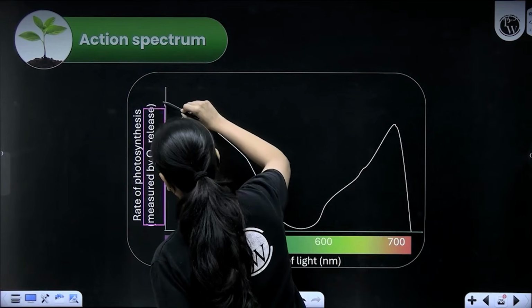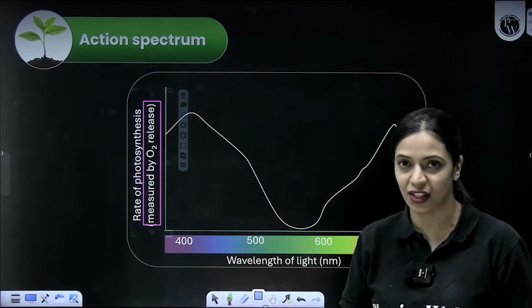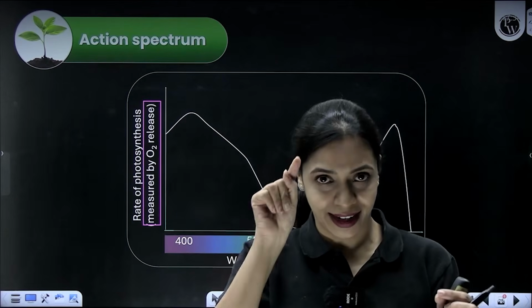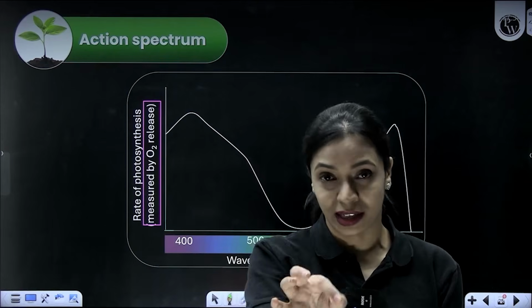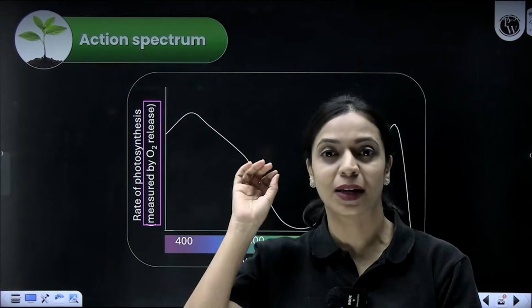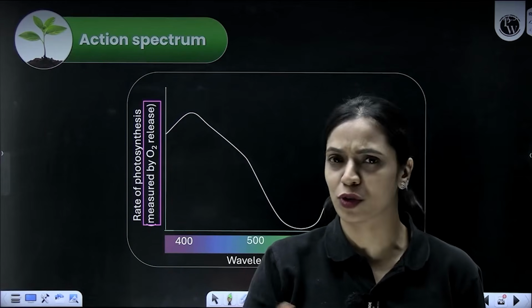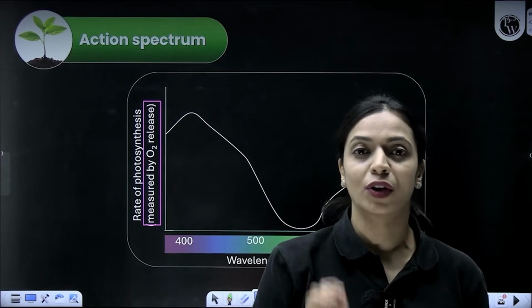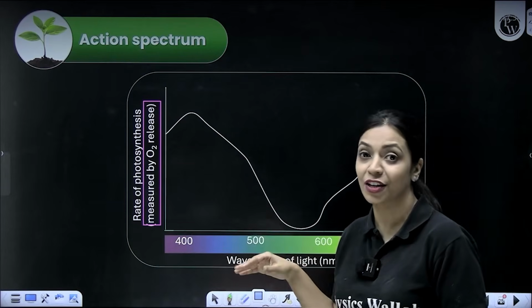On the y-axis you take how much oxygen is released, and on the x-axis you take the various wavelengths. This time you will incident not in a spectrophotometer, not for an individual pigment, you will incident the plant with monochromatic light, only 400 nanometer, 450 nanometer, 470 nanometer, and you will check for how much oxygen is released. If you do that, you will get what is called an action spectrum.